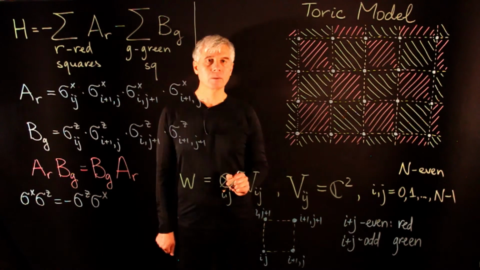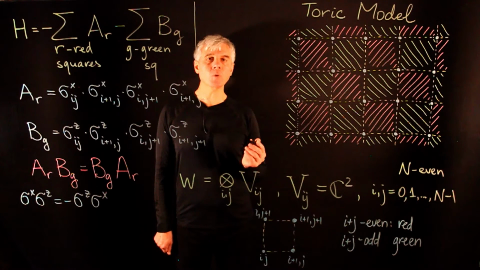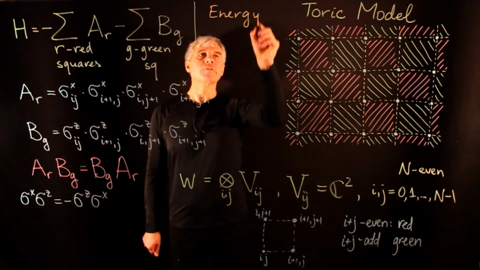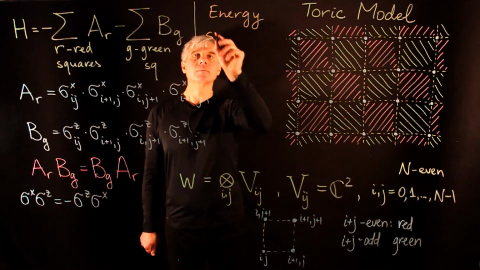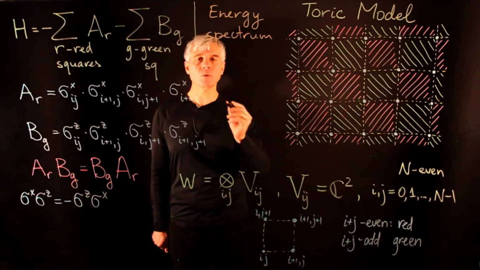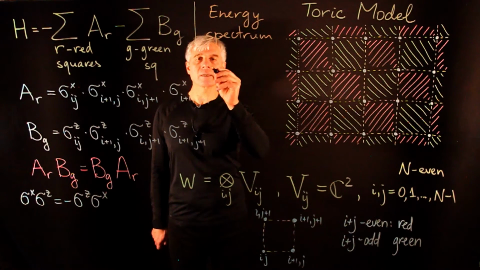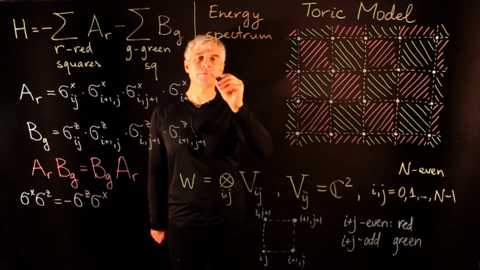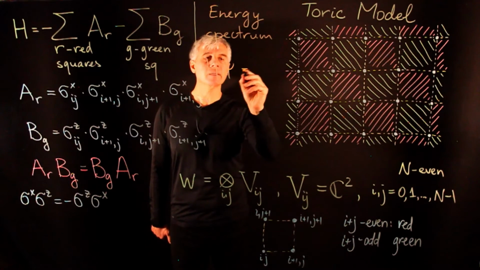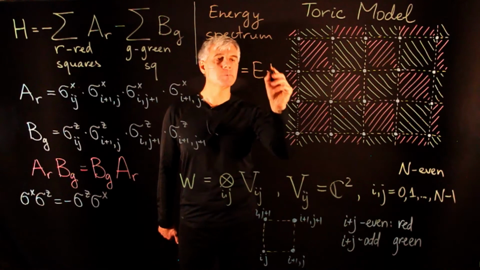What we would like to do is to compute the energy spectrum of this model. For this, we need to find eigenstates and eigenvalues of the operator H. So we have H psi is equal to E times psi.